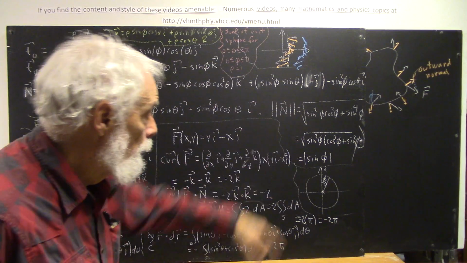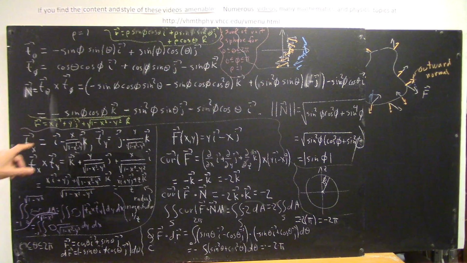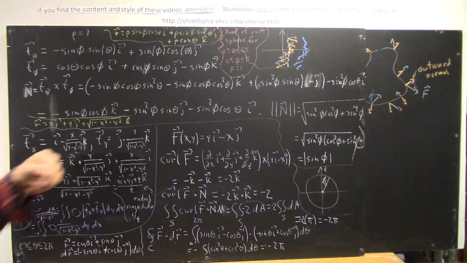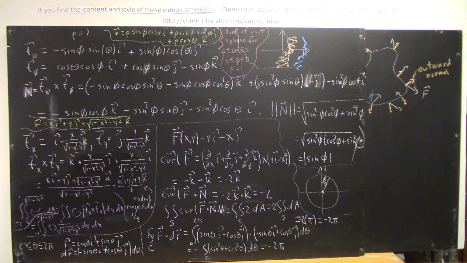Now we have another parameterization that I didn't write down on the board, but now I've written it. r equals x i plus y j plus the square root of 1 minus x squared minus y squared times k.